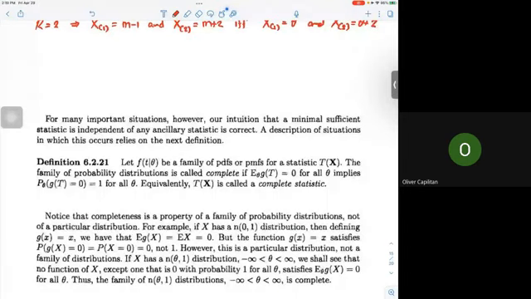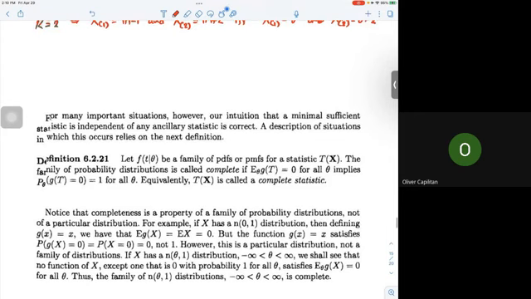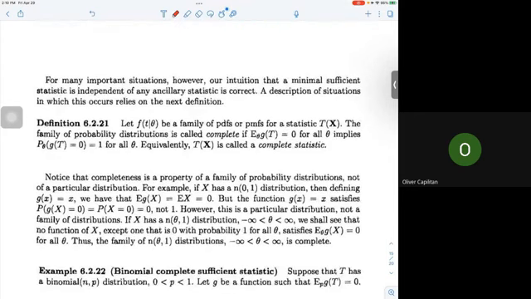That's true. But when will this situation happen? When will the minimal sufficient statistic be independent of the ancillary statistic? This relies on the next definition.